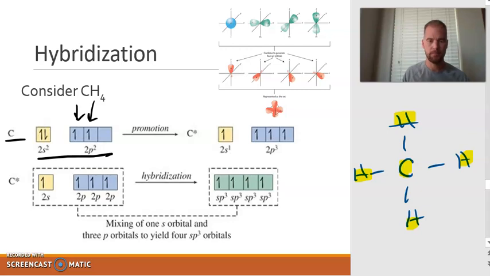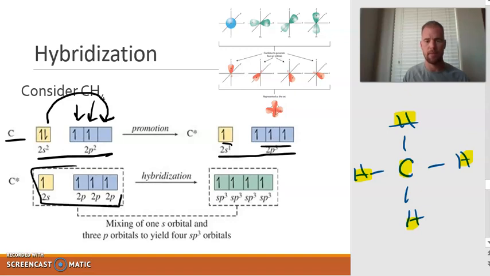So what happens is one of these electrons in this s orbital gets promoted to the next empty spot, which would be right here. So as a result of that promotion, we now have the s orbital and the 3 p orbitals looking like this. What ends up happening is we take those orbitals and mix them together. And what are we mixing? We're mixing an s, and how many of the p orbitals are we mixing?